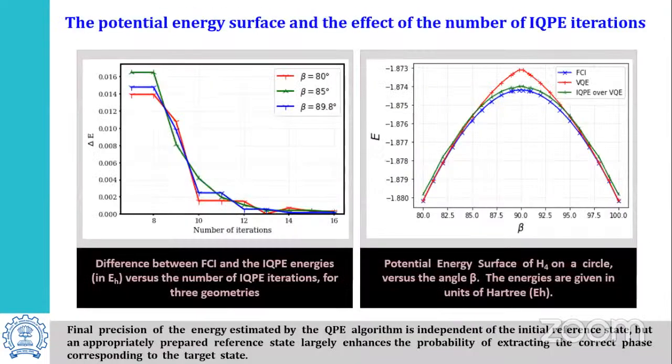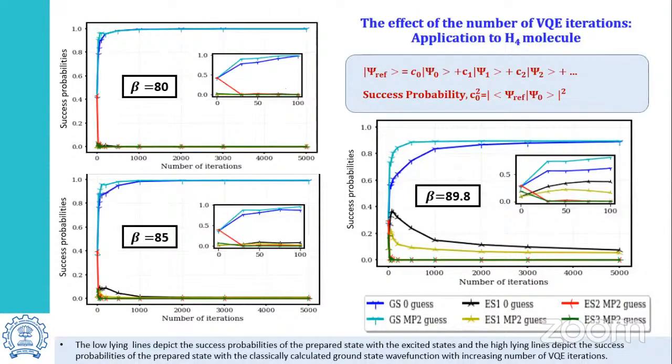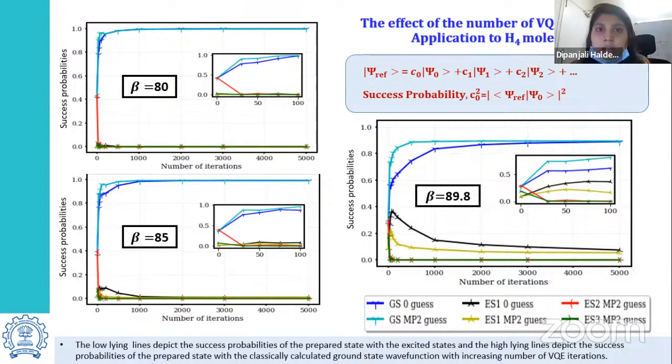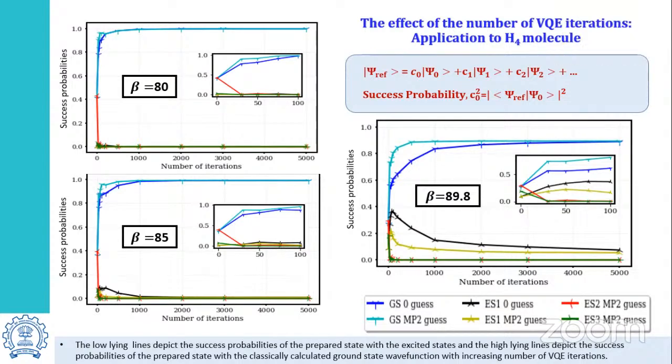But I think that in the real scenario, the VQE total energy calculation or parameter optimization is performed with a finite number of measurements. So have you ever performed the VQE with a finite number of measurements?